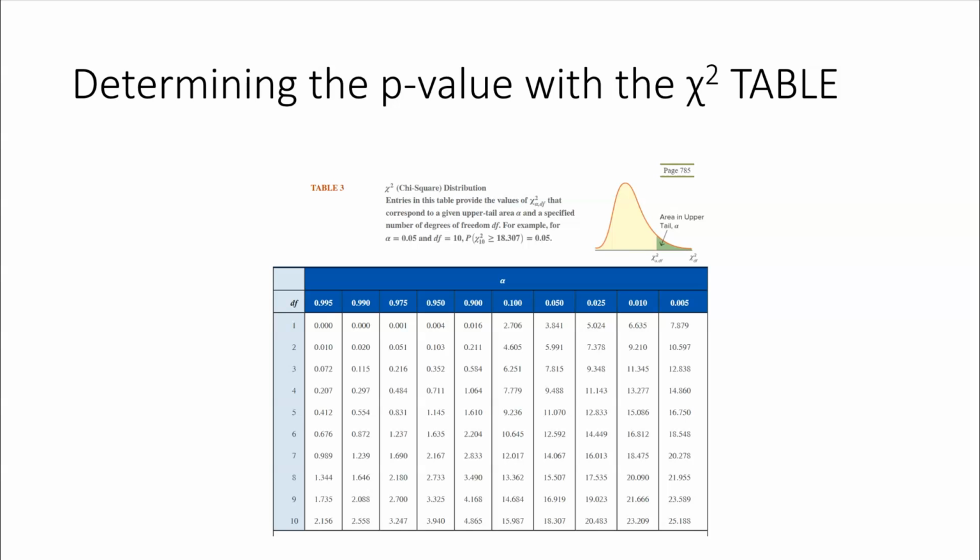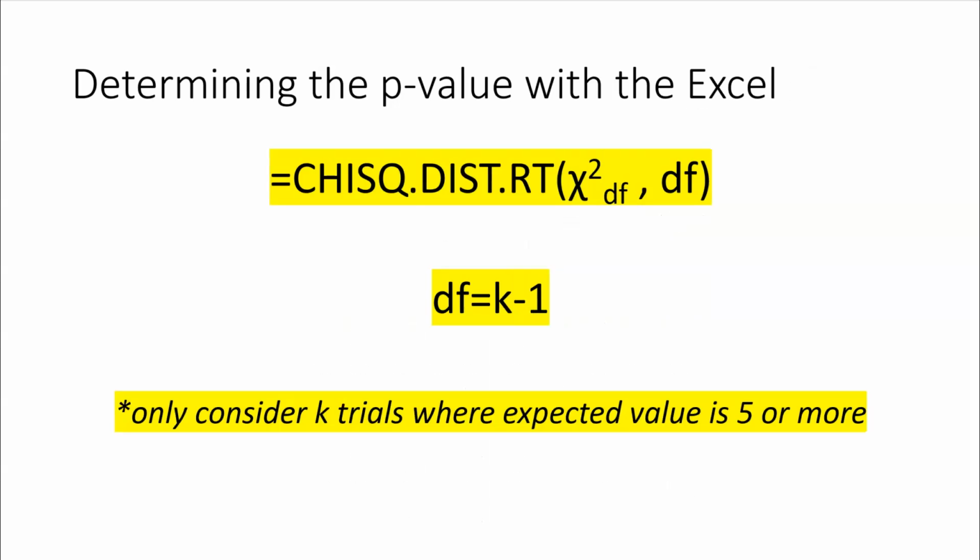And we need our degrees of freedom anyway, but we would just go across and with our alpha, make sense with the degrees of freedom here and find our test statistic. And I'll show you in our next example. But for the most part, we're going to be using Excel here. So we're only considering K trials where the expected value is 5 or more. So we're going to see an example of that later.